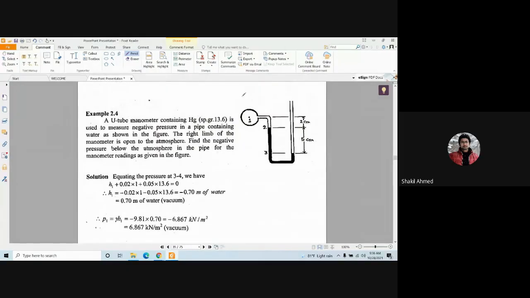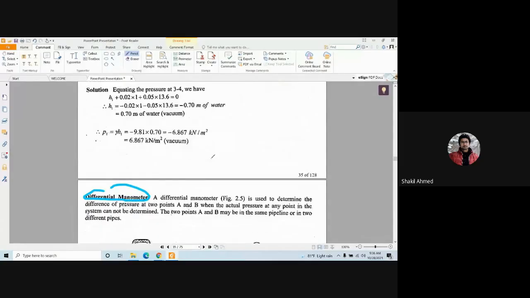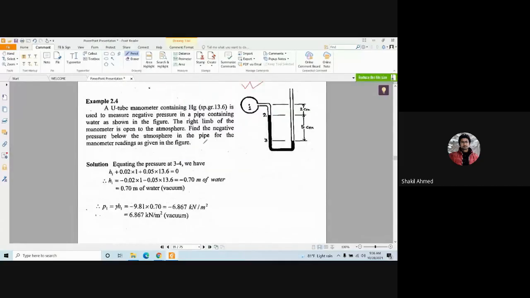Similarly, this is the same kind of problem here. A U-tube manometer containing mercury. Let's see this same thing. Then you're going downward. How much? 2 centimeters. So 0.02 into S1, since we don't know what the liquid is.